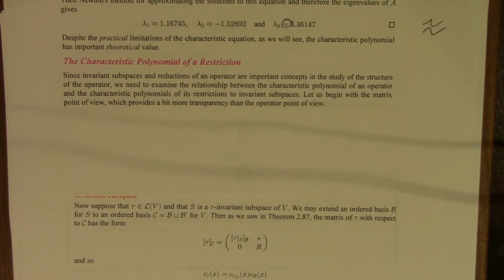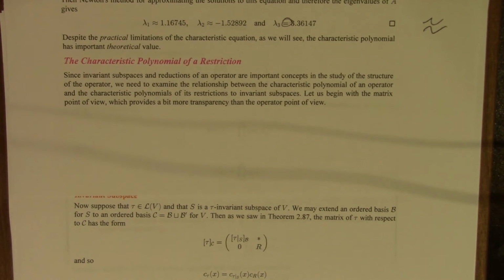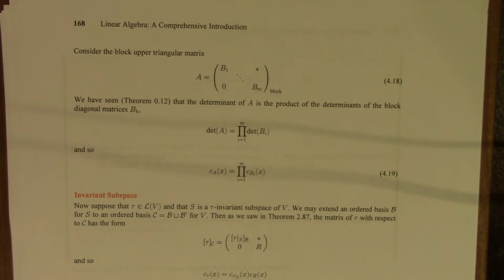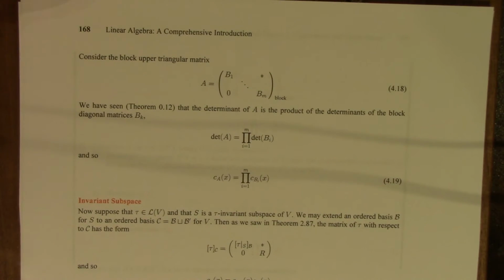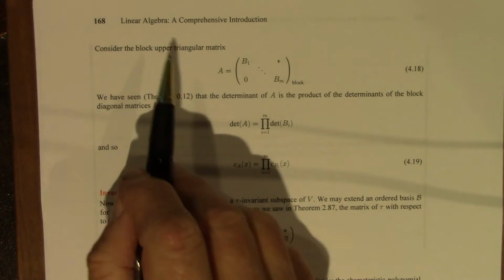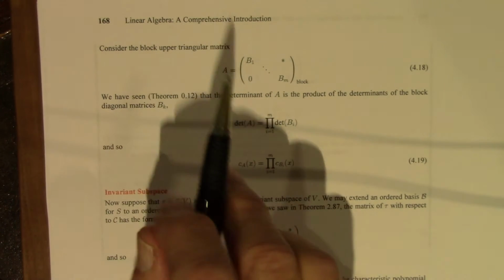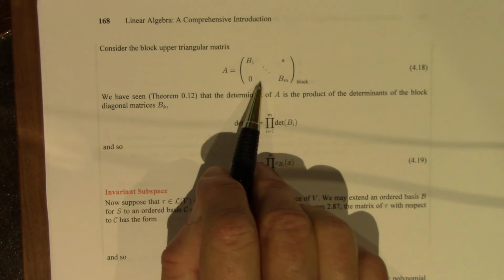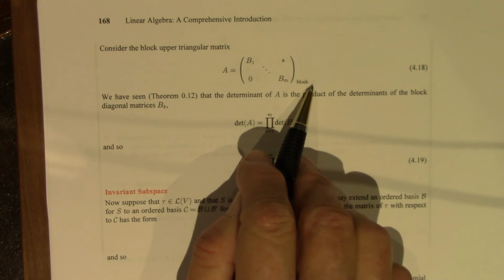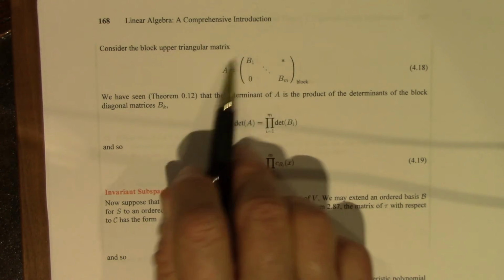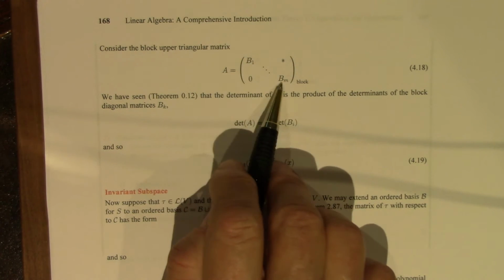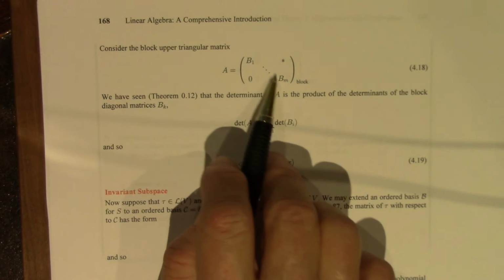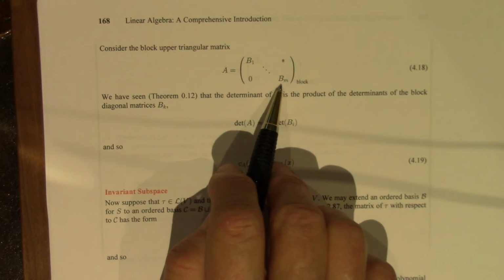And, as is often the case, beginning with a matrix point of view provides a little more transparency. So, as far as matrices are concerned, let's first consider a block upper triangular matrix. So this is block form. B1 through Bm are the block diagonals.